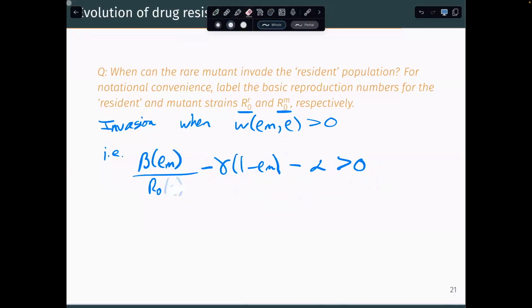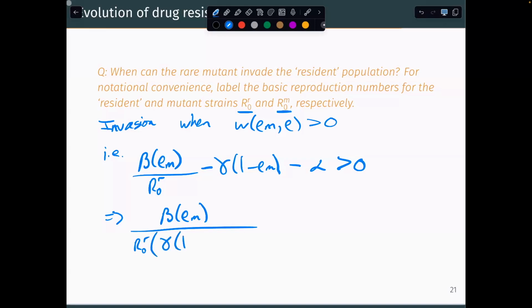I've just said as well that we're going to relabel this as R0 of R. Okay, so taking these terms over to the other side, adding them to both sides and then dividing by them, you get beta of rho M over R0 superscript R times gamma times 1 minus rho M plus alpha. And this has to be greater than 1 for invasion.